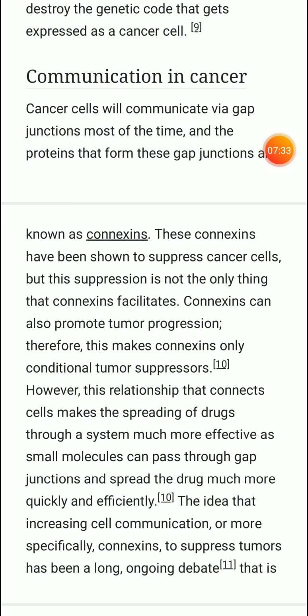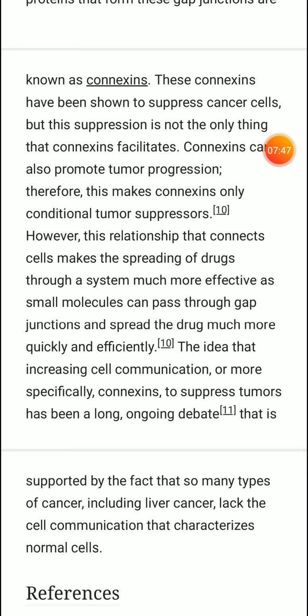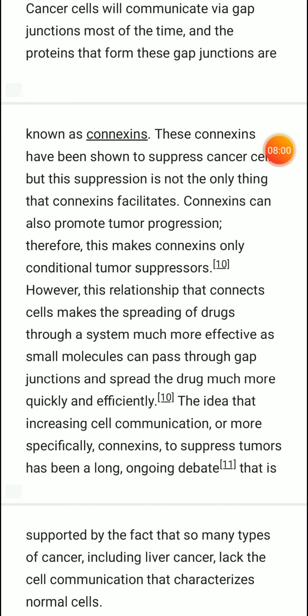The idea that increasing cell communication, or more specifically connexin, suppresses tumors has been a long debate. That is supported by the fact that in so many types of cancer, including liver cancer, the cell communication that characterizes normal cells is lost. Girls, did you understand what is cell communication?